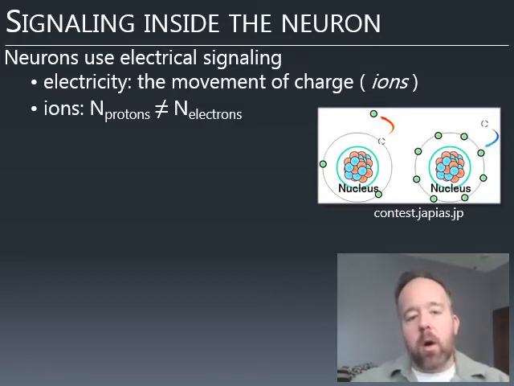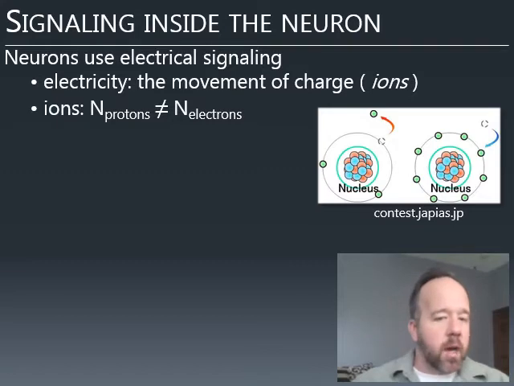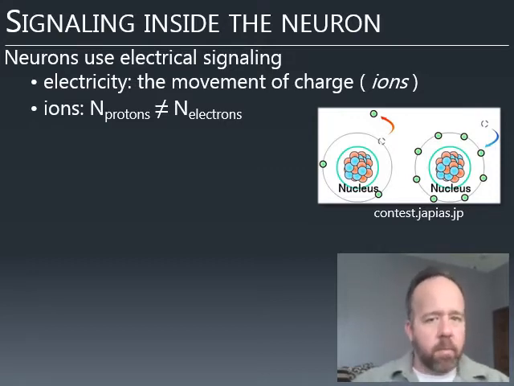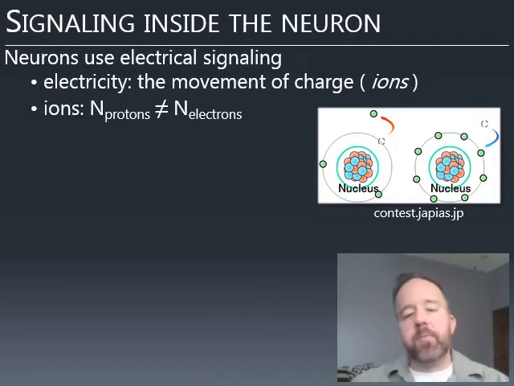Ions are atoms in which the number of protons and the number of electrons aren't equal. So protons are found in the nucleus, they're positively charged. Electrons sort of swim around the nucleus. They orbit it, but not in a systematic fashion like diagrams often make it seem. But electrons have a negative charge.